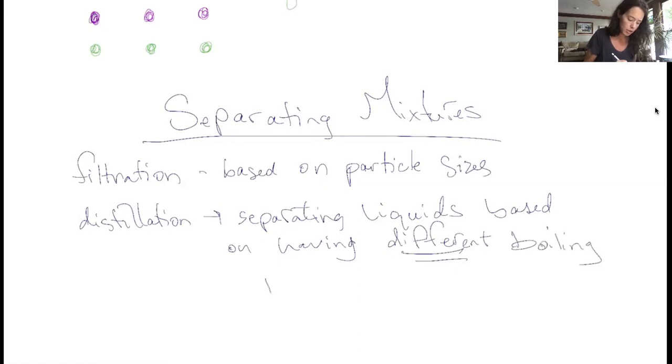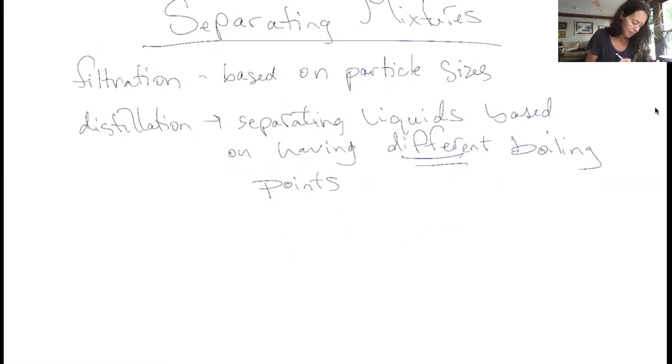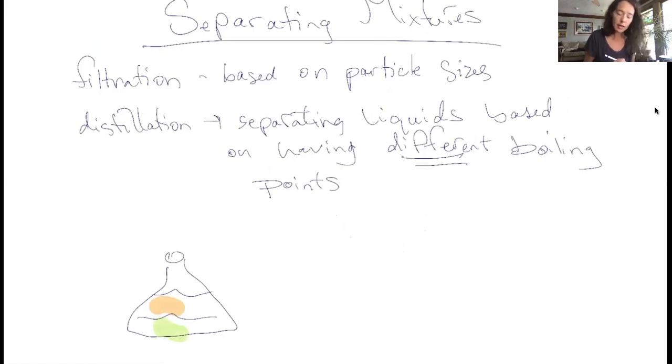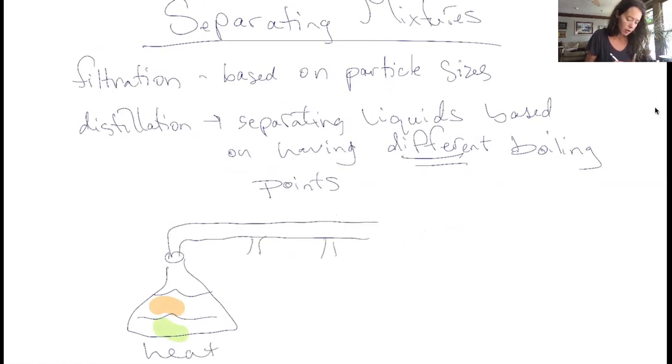And what we do is we heat to boil, right? You set up this whole apparatus, and imagine you had your two liquids in here, right? So we had two different things going on in there, and we needed to get them separated. We could add some heat down here.